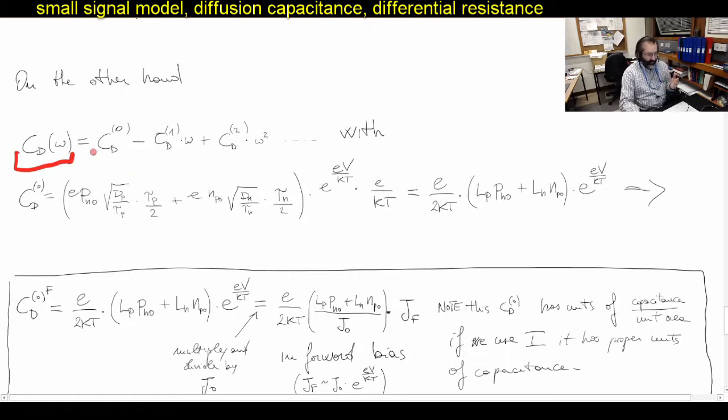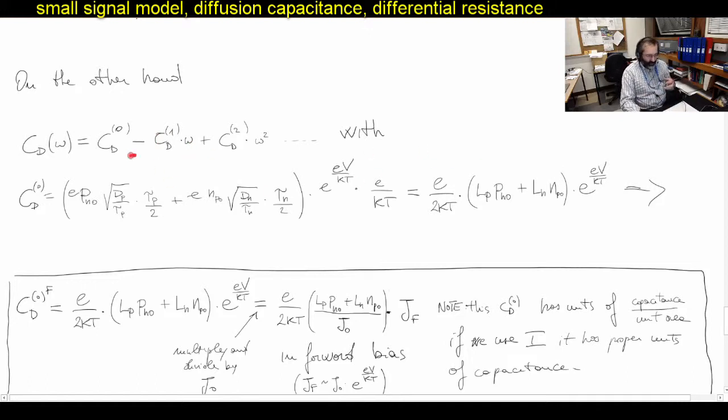And most important, the first term is constant, which we will indicate as CD0. The second term has a negative sign, and is a constant times omega. Okay, and then some other stuff.